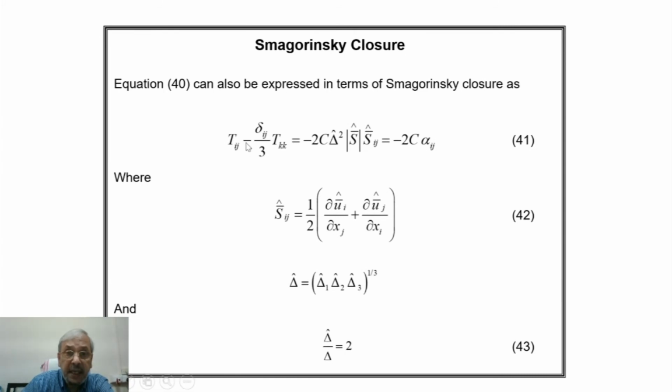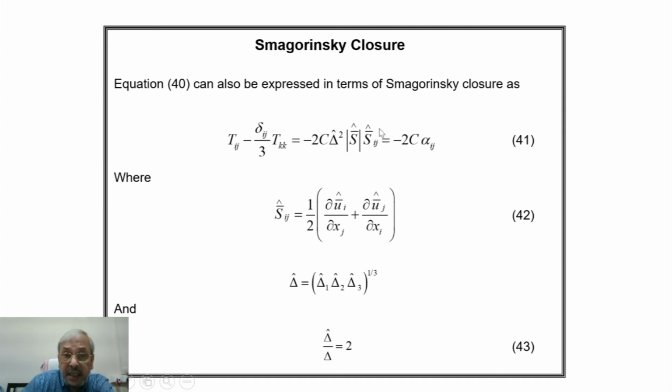We can write Tij minus Kronecker delta by 3 Tkk equal to minus 2 C delta circumflex squared into mod of S bar circumflex and Sij bar circumflex.